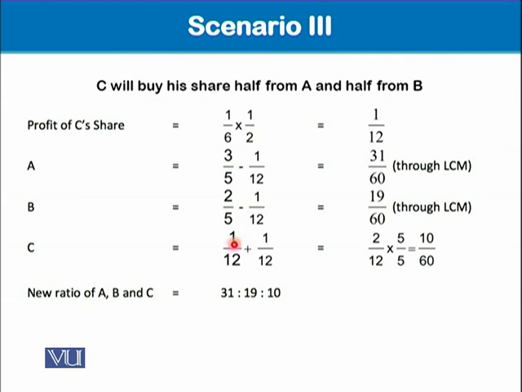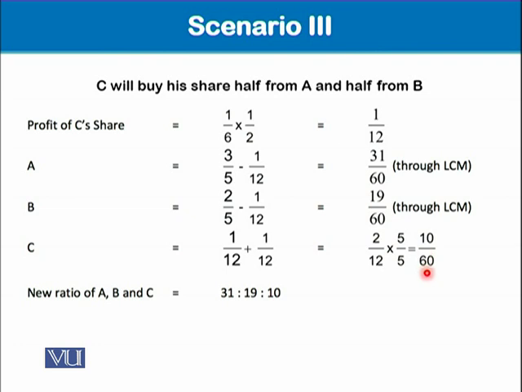And this 1 by 12 and 1 by 12 is in fact equal to 1 by 6. So what we do is this 2 by 12 is multiplied by 5 by 5. Why? To make the denominator equal. This is something important in this mathematics: whenever we are working out ratio proportion, the denominator should always remain equal.